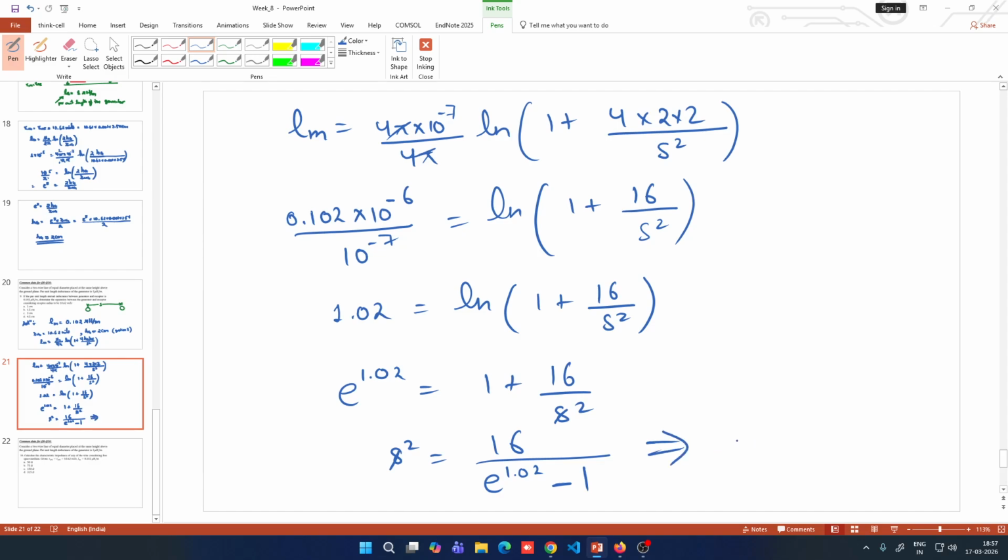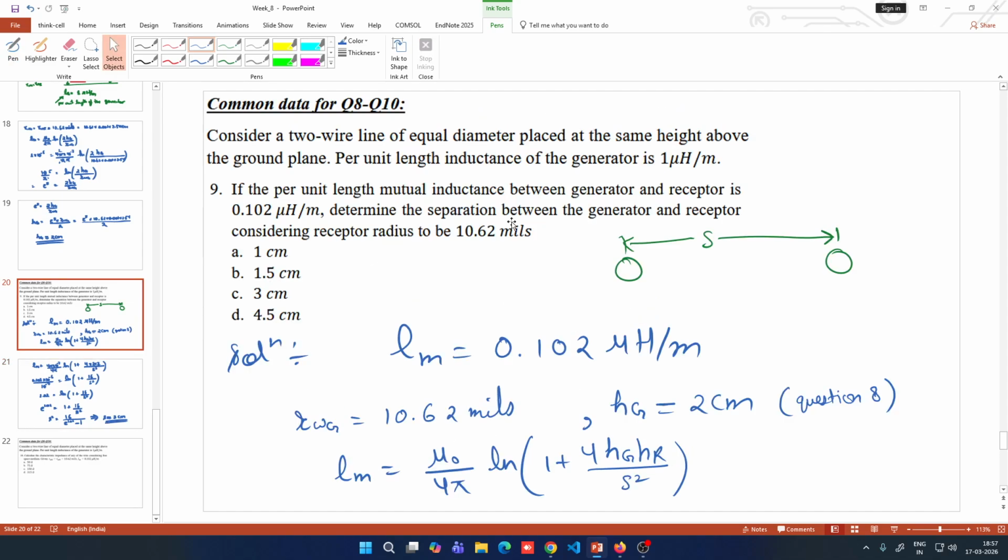When we solve this, S comes out to be approximately 3 centimeters. So the separation between them is 3 centimeters, and the correct option is option C. I hope this is clear. If you have any doubt in question number 9, please let me know.